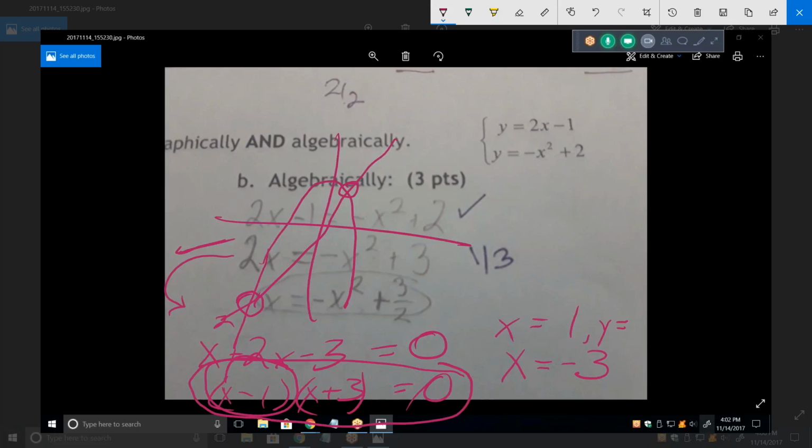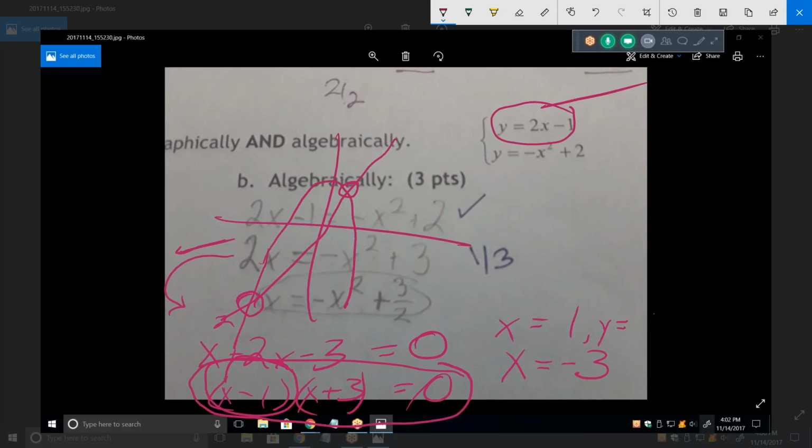Plug it into the simplest one you have. When x is equal to 1, what is y equal to? If y equals 2x minus 1, plug 1 in for x.